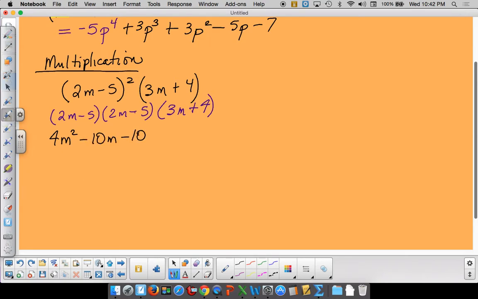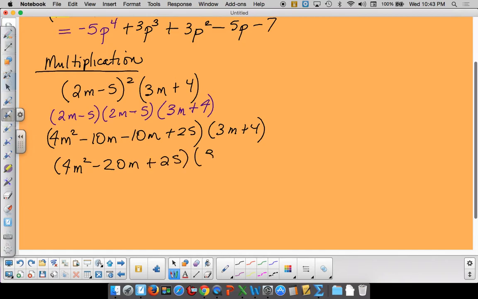Insides are negative 10m. And lasts are positive 25. Okay, and that is all still eventually going to get multiplied times 3m plus 4. You need to combine your like terms before you actually start to do the multiplication again. So those middle two terms would make negative 20m plus 25.